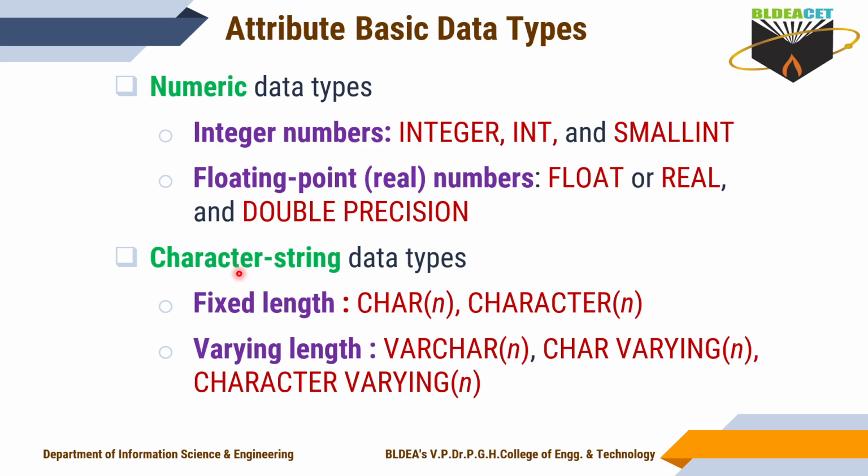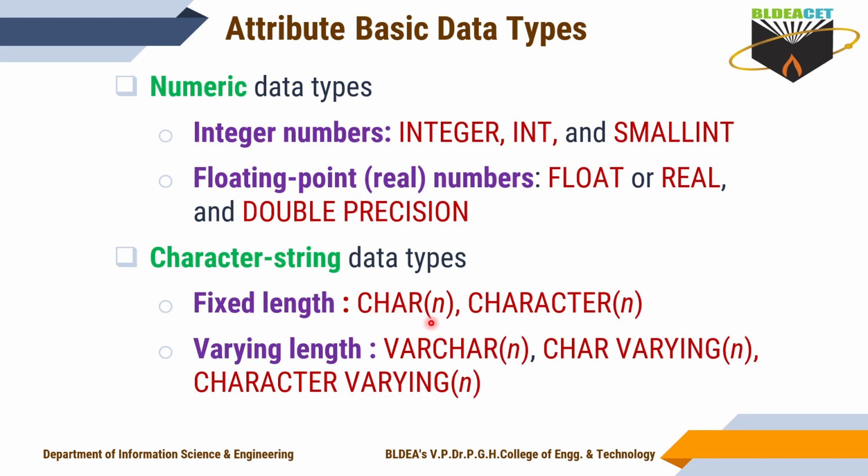In the same way, for character strings, if an attribute holds characters, then based on the length of the character strings, you can take fixed length or varying length. Now in the fixed length, the number of characters for that particular character string is fixed.